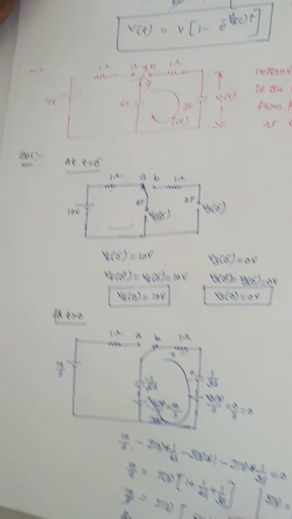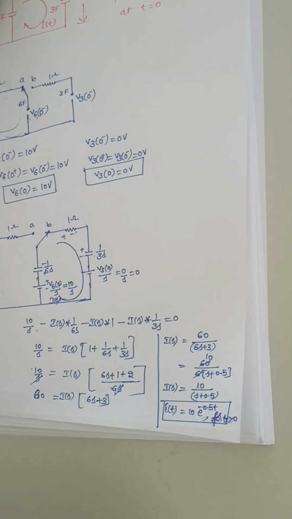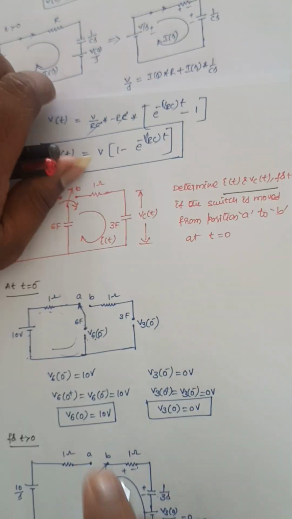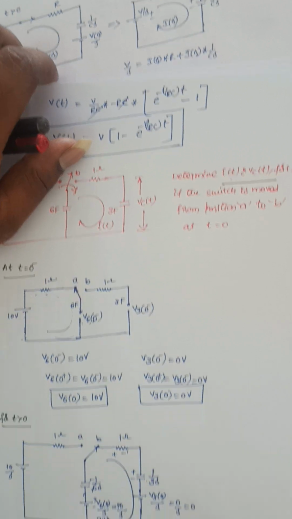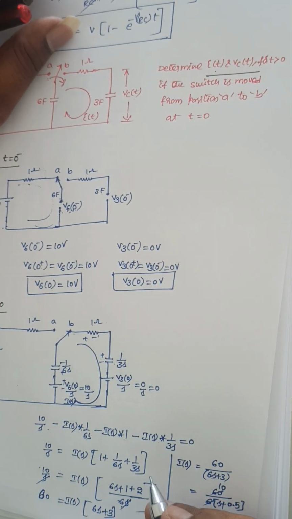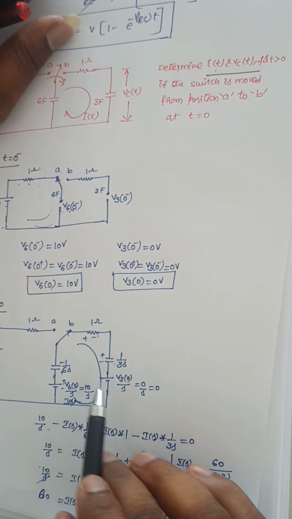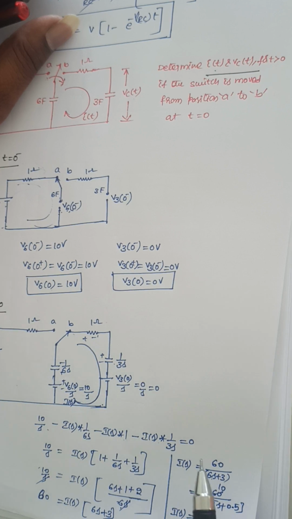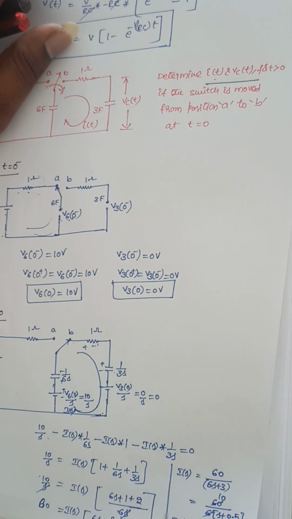Next, what I need to find here is Vc of t. So I of t is over. Next, Vc of t. To find the voltage across this capacitance, Vc of s is equal to I of s, the current, into the impedance offered by this capacitance, that is 1 by 3s.